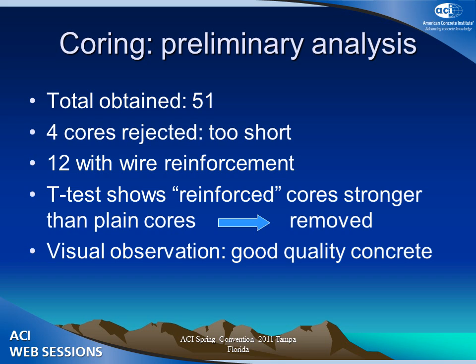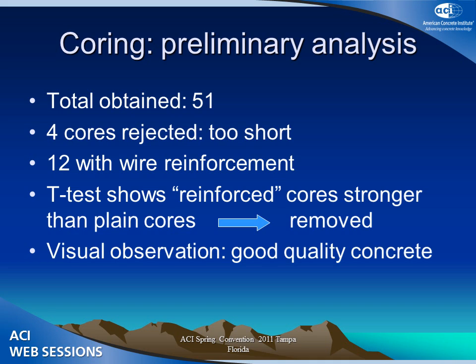And we ran a student T evaluation to see if the cores with and the cores without wire were the same population, and we concluded that they weren't. So we threw that data out. We didn't include that in the summary. It turns out that the cores with the wire reinforcing were significantly higher at a 95% confidence level than the cores that didn't have any wire reinforcing in them.